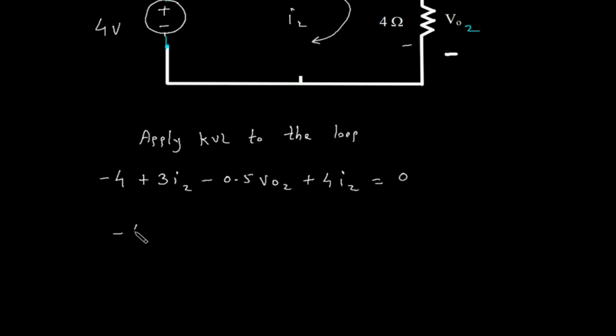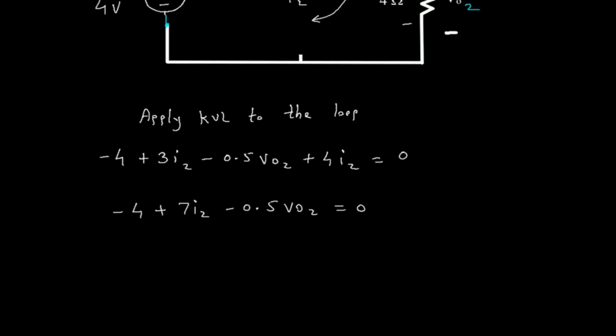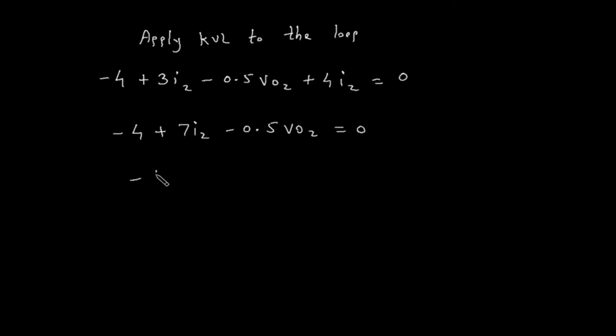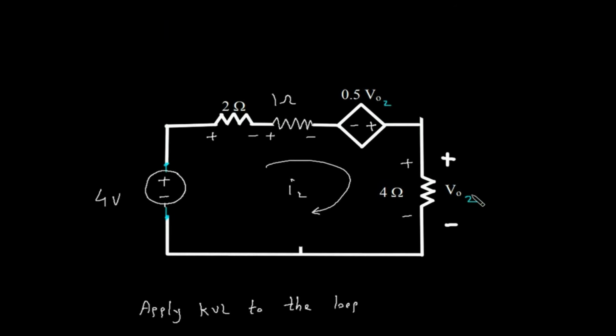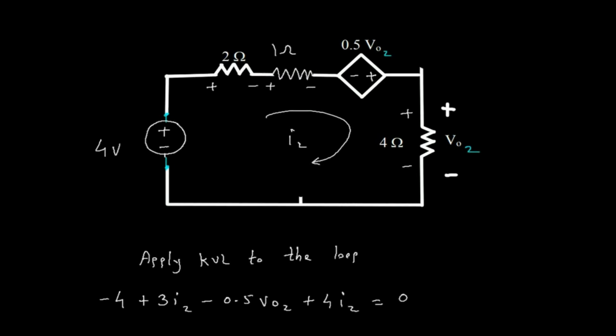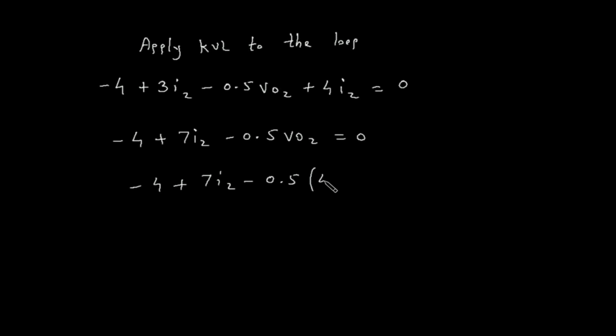So this will be minus 4, 3 plus 4 will be 7, plus 7 I2 minus 0.5 VO2 is equal to 0. Now this VO2 is 4 into I2. So minus 4 plus 7 I2 minus 0.5 into 4 I2 is equal to 0.